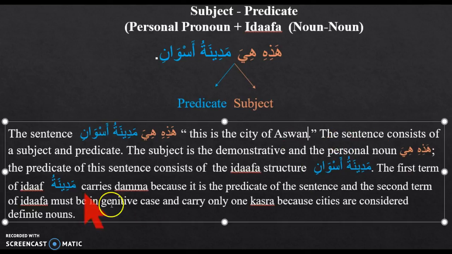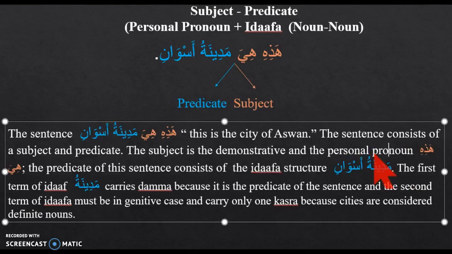The sentence consists of a subject and predicate. The subject is the demonstrative and personal pronoun هذه هي. The predicate of the sentence consists of the إضافة structure مدينة أسوان.